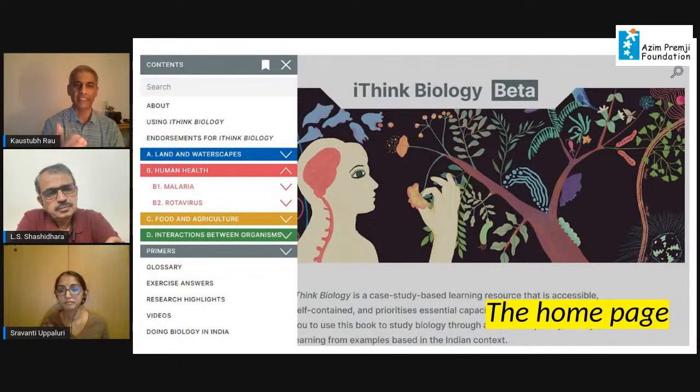So this is the masthead, what you see. The illustrator took in all our ideas, and then she came up with this concept which shows all the multifarious parts of biology and this human figure contemplating all those features of biology.